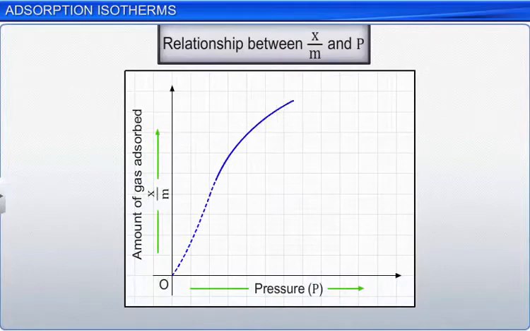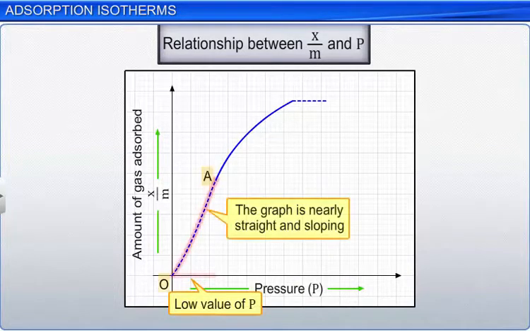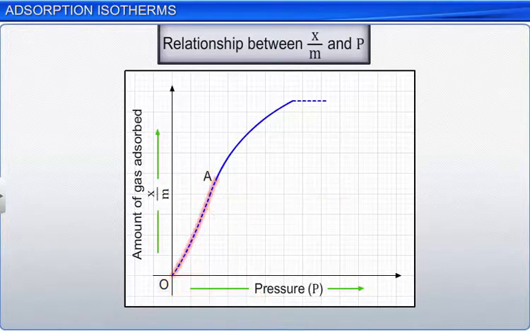If you look at the curve carefully, you will observe that at a low value of equilibrium pressure, part OA of the curve is nearly straight and sloping. Therefore, for part OA of the curve, the relationship between pressure and quantity adsorbed can be represented by the equation x by m is directly proportional to P to the power 1.